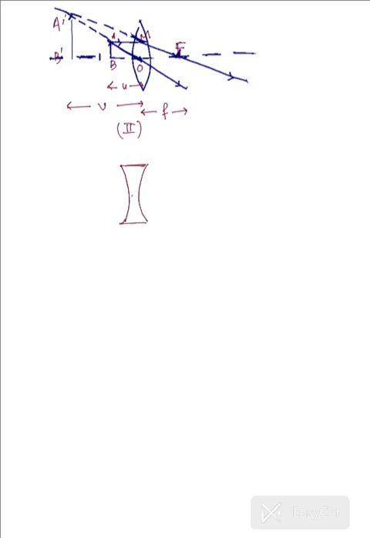The thickness is not that pronounced. So now you have the optic axis, the principal axis. We take a tentative focal length on either side of the same magnitude, and the object can be placed anywhere. The nature of the image will be the same in all the cases.